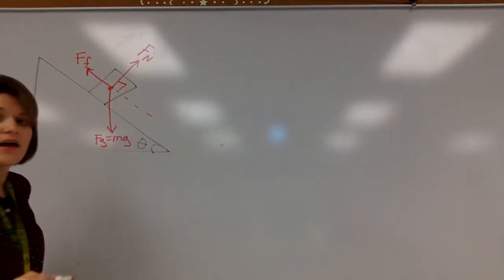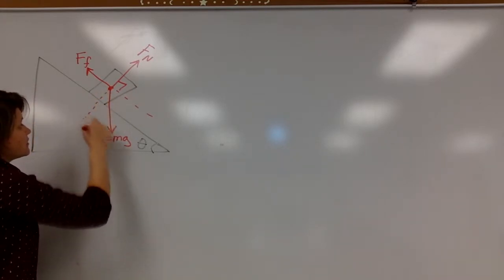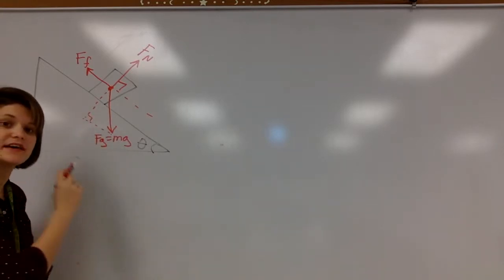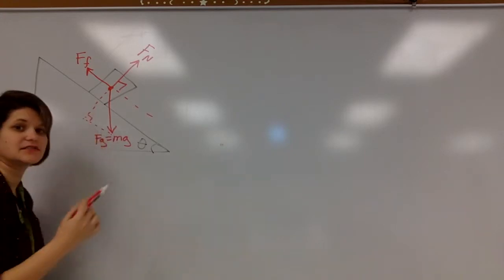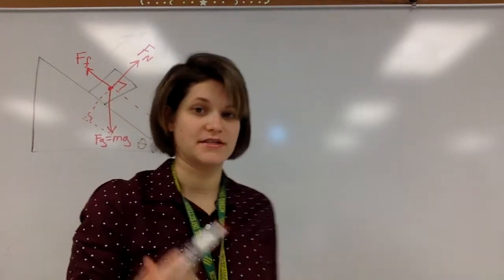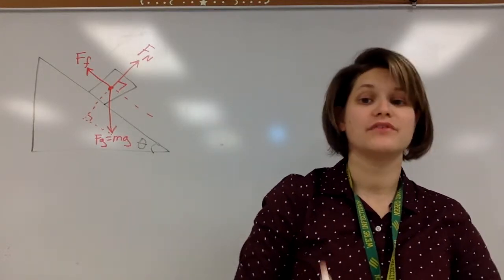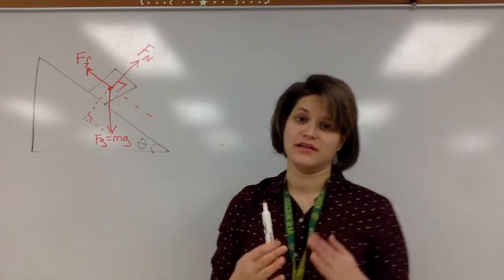Okay. Now, we also have the fact that the force of the weight is actually divided into two component forces in the x and y direction. This is really, really key for these inclined plane problems, that the weight is what's being divided up.